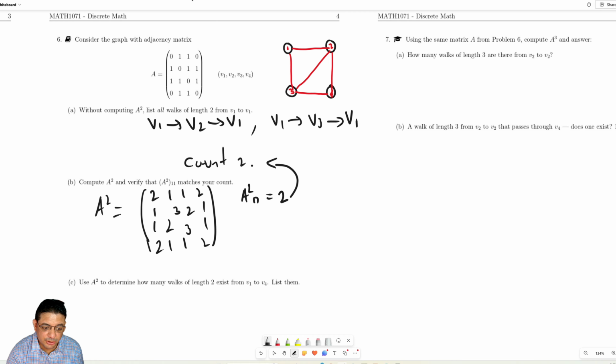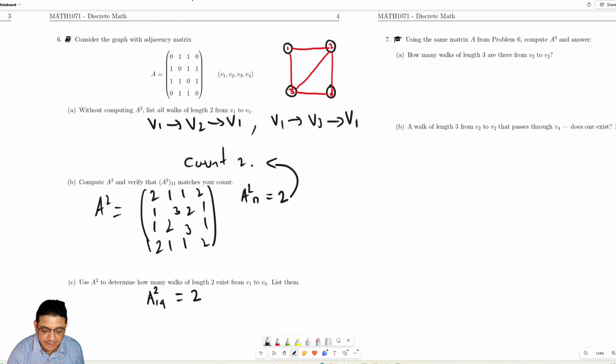Now, if I want to determine how many walks of length 2 exist from B1 to B4, I'm going to use the matrix A squared because these are walks of length 2. And because I want to go from 1 to 4, I'm going to use the entry A1, 4. And the entry A1, 4, you can see it here, is 2.